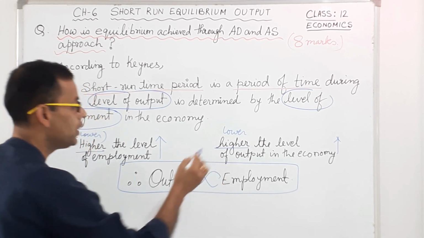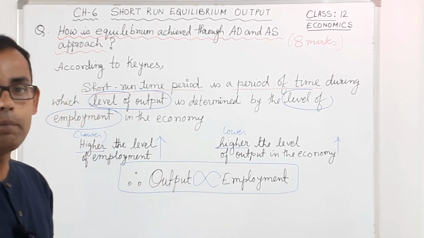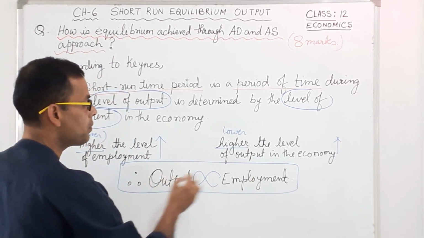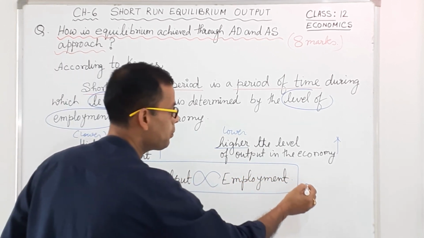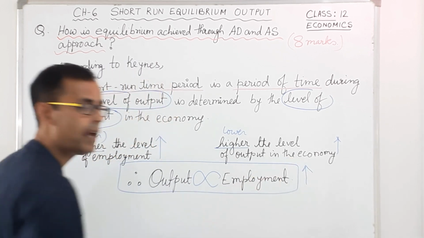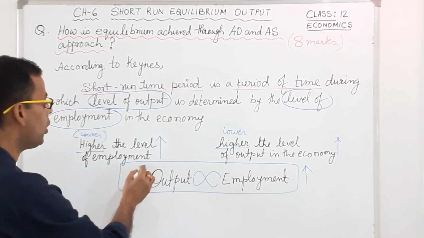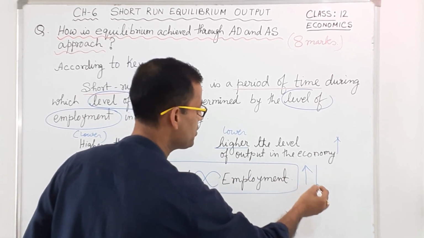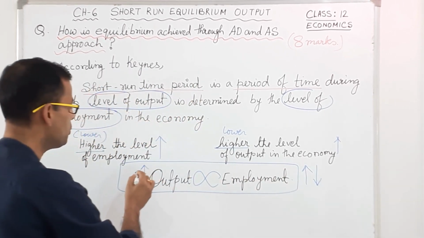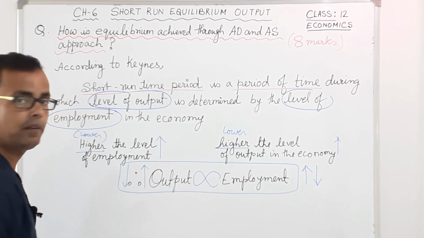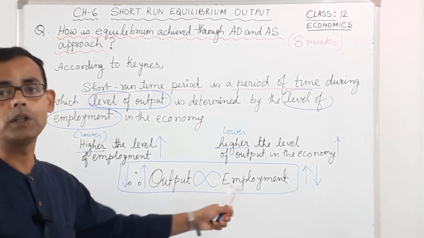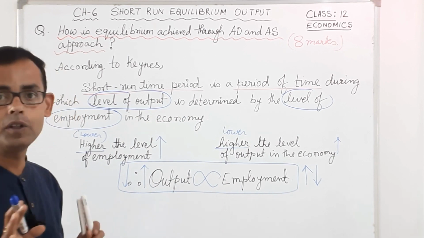Output is proportional to employment. That means if output is proportional to employment, employment बढ़ाएंगे तो आउटपुट भी ऑटोमेटिक बढ़ेगा, और अगर एम्प्लॉयमेंट ऑफ रिसोर्सेज कम होगा तो आउटपुट भी कम होगा. Understanding? So output is directly proportional to employment of resources.